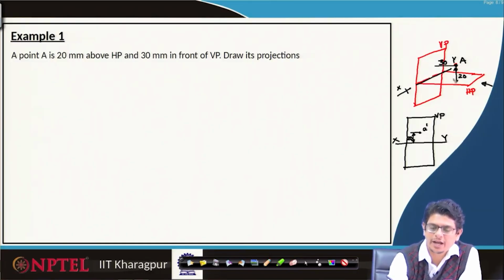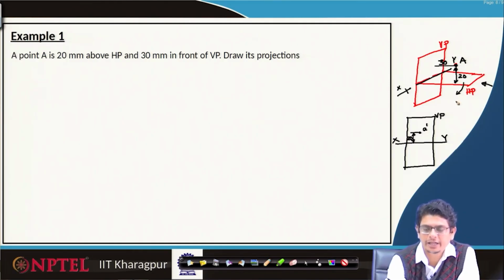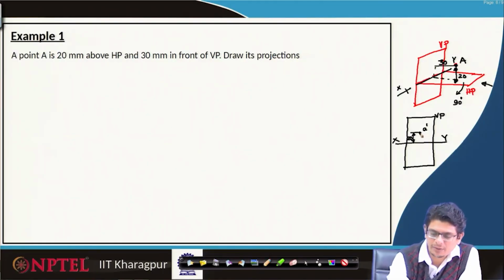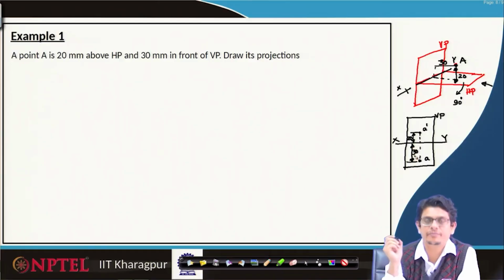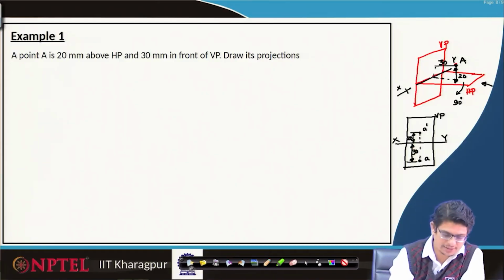Now, project A onto that plane here, then rotate the horizontal plane in the clockwise direction by 90 degrees. Projection goes onto that, and that will be somewhere here, A. So, this length will be 30 mm. This is the way we construct. Let us look at the solution.